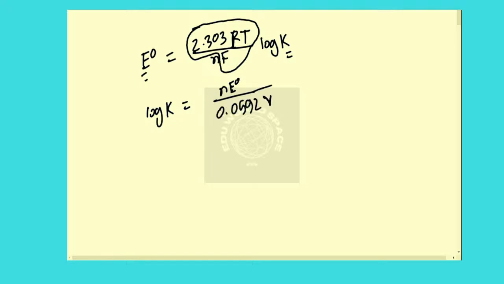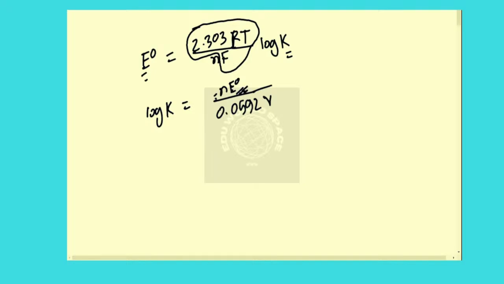So now we have to know the standard cell potential value and the value of n. If we know these two values, we can find the equilibrium constant. To find the standard cell potential, let's write down the half cell equations, and from there we'll be able to find the entire cell potential.